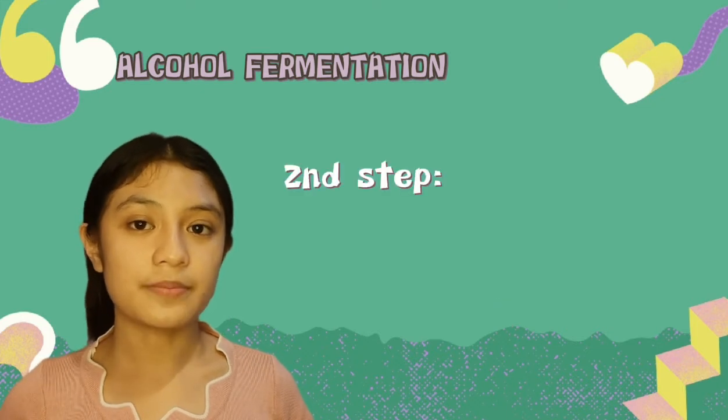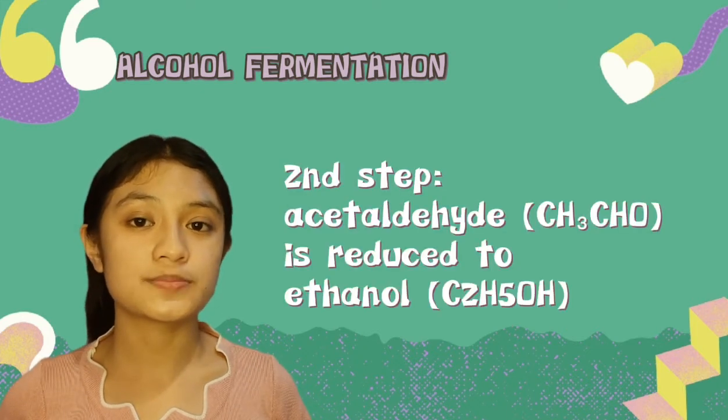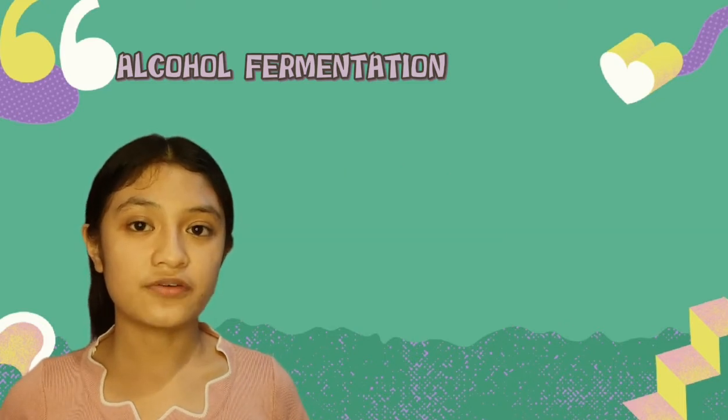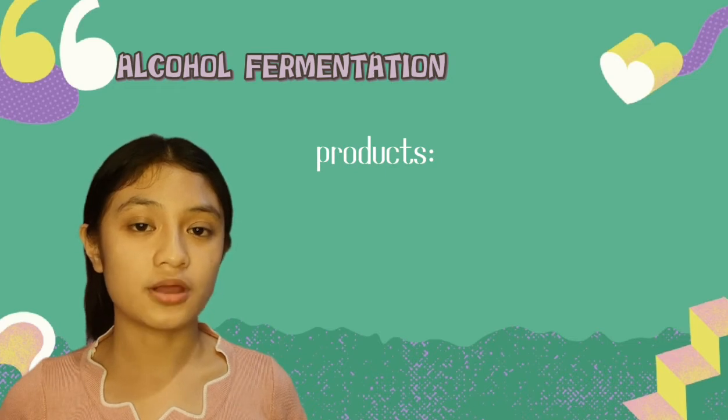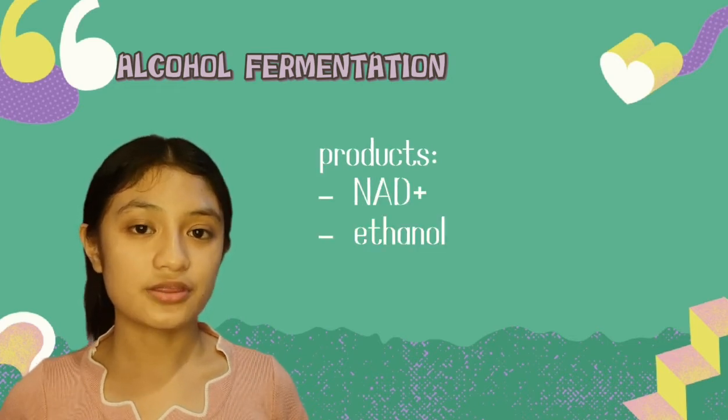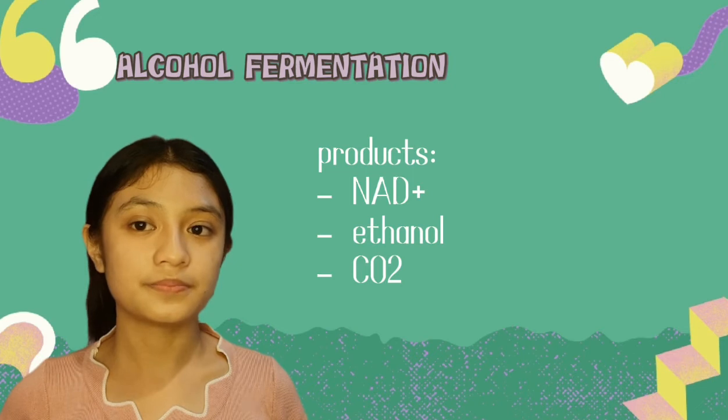In the second step, acetaldehyde is reduced by NADH to ethanol. This regenerates the supply of NAD+ needed for the continuation of glycolysis. In summary, the final products of alcohol fermentation are NAD+, ethanol, and carbon dioxide.